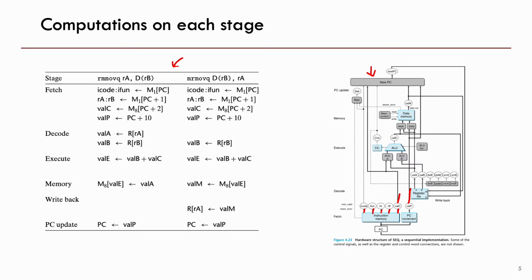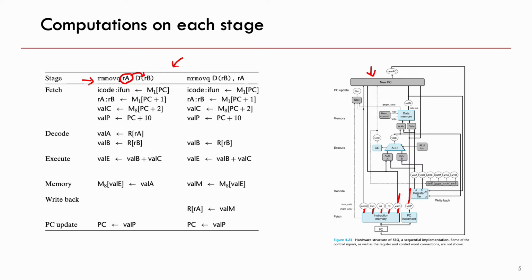So let's review one instruction execution with these computations. Let's select the rmmovq instruction, for example. In general, what this instruction does is writing the value of register A to the memory.